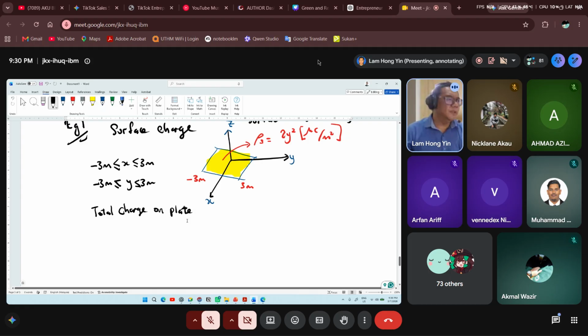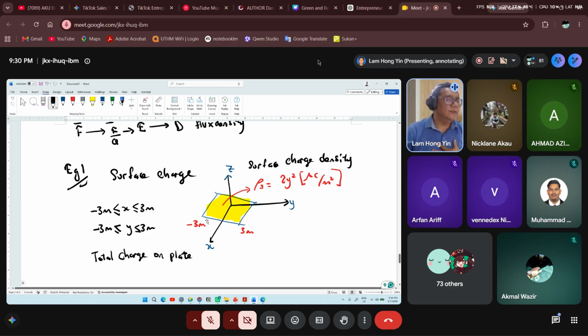This is a problem with a surface, right? Why do I say it is a problem with the surface? Because the rho is rho s. They give a plate on the floor with a surface charge density.